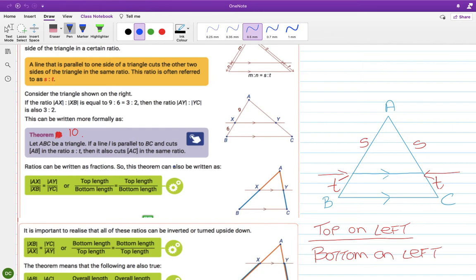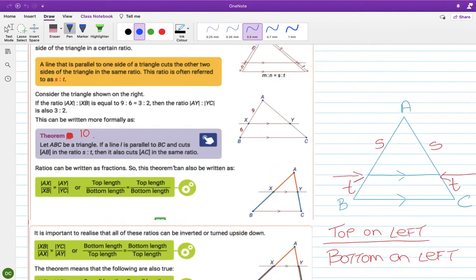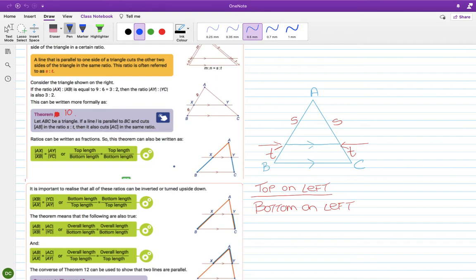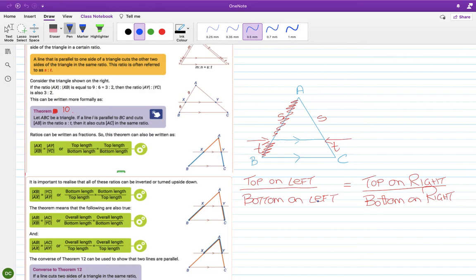Okay, so whatever you get when you divide, because they're in the same ratio, the top bit on the left by the bottom bit on the left, it should give you the same answer as when you divide the top on the right over the bottom on the right. Okay? Because the ratio is the same.